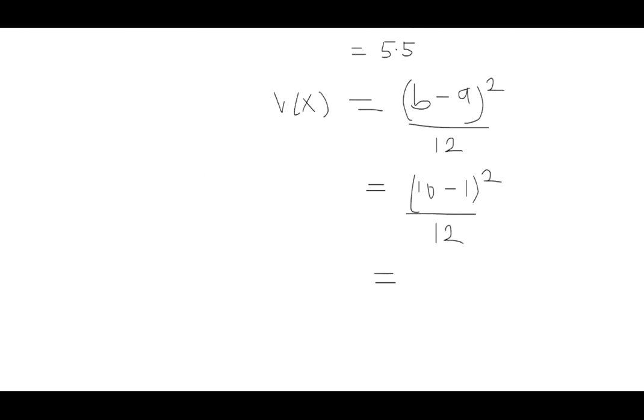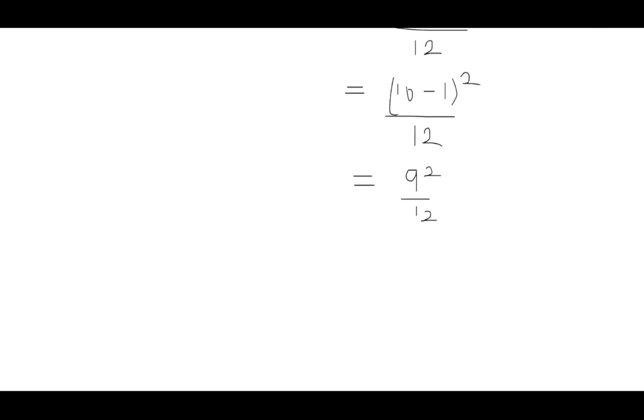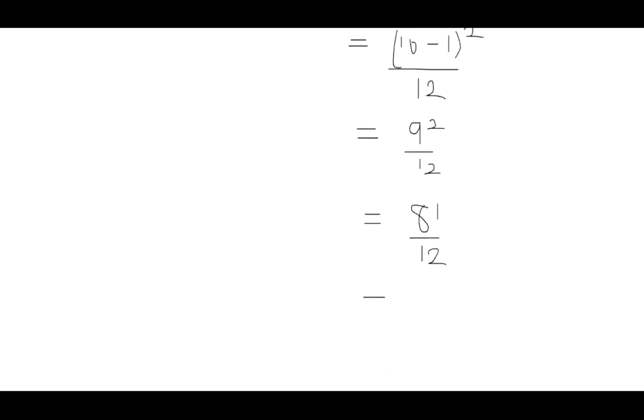Is that true? 9 squared, but not really the same. Well, perhaps we may say close, but not even very close. The other one was 99 over 12. It's not the same. So we are going to be having 81 divided by 12 as our variance.